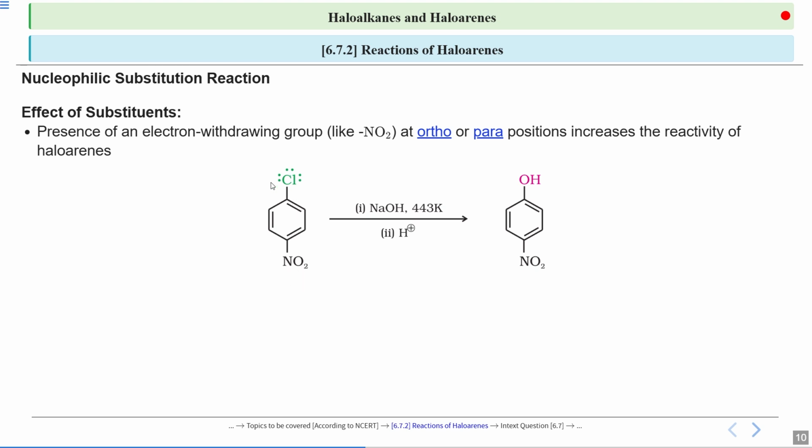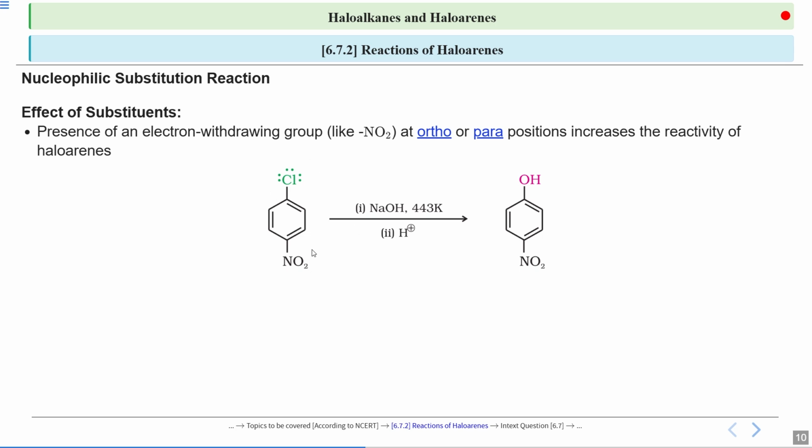You are treating it with sodium hydroxide at a lesser temperature, 443 Kelvin. We are doing the same reaction, the substitution of the halogen chlorine.